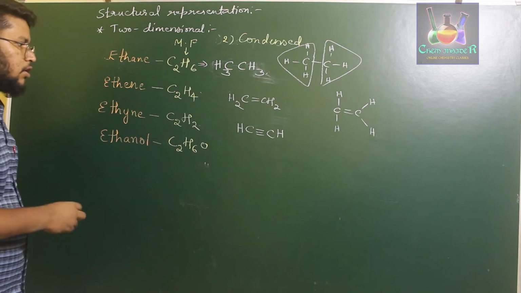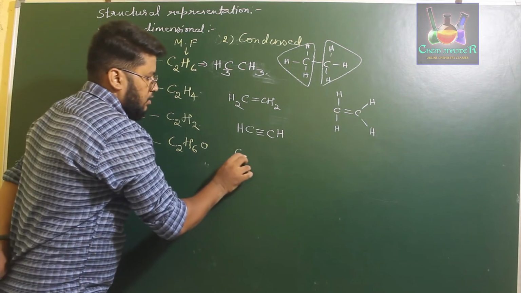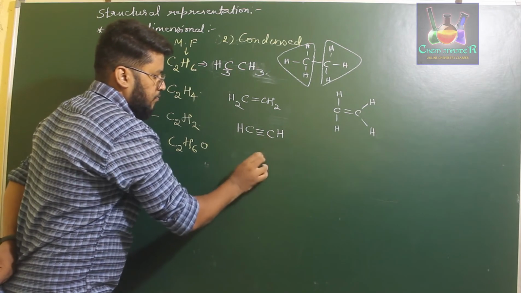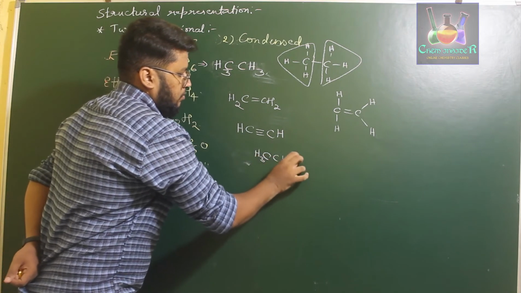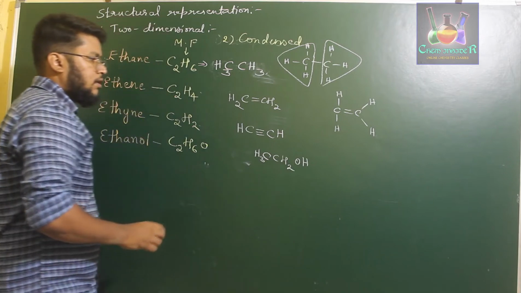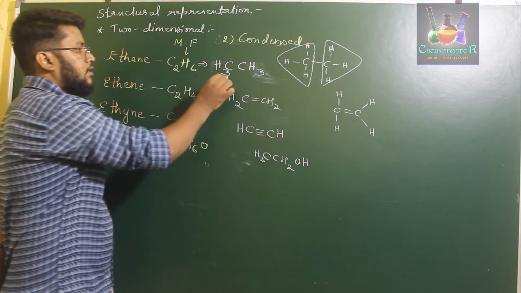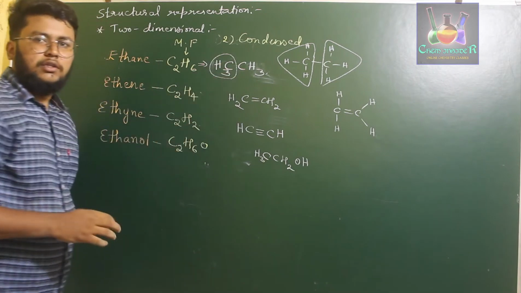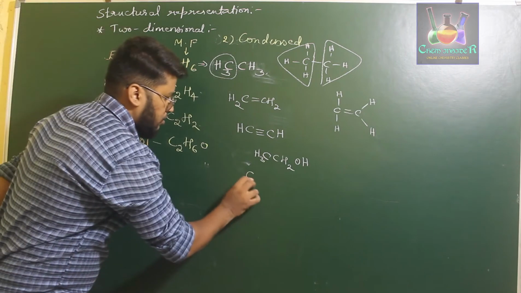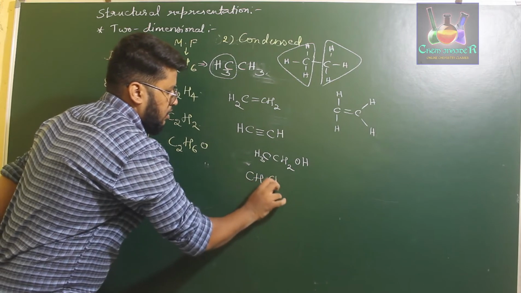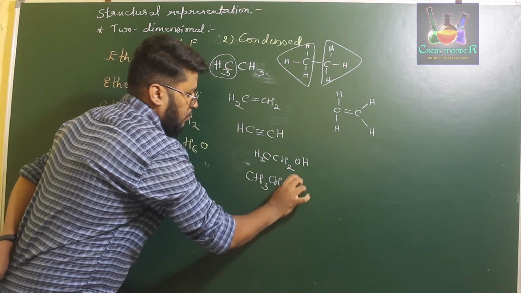And next, for the ethanol molecule, you can represent this as CH3 CH2 OH. So here you might get confused while representing this particular molecule. There is no confusion if you are just writing the normal structural formula. You can write it as CH3 CH2 OH.